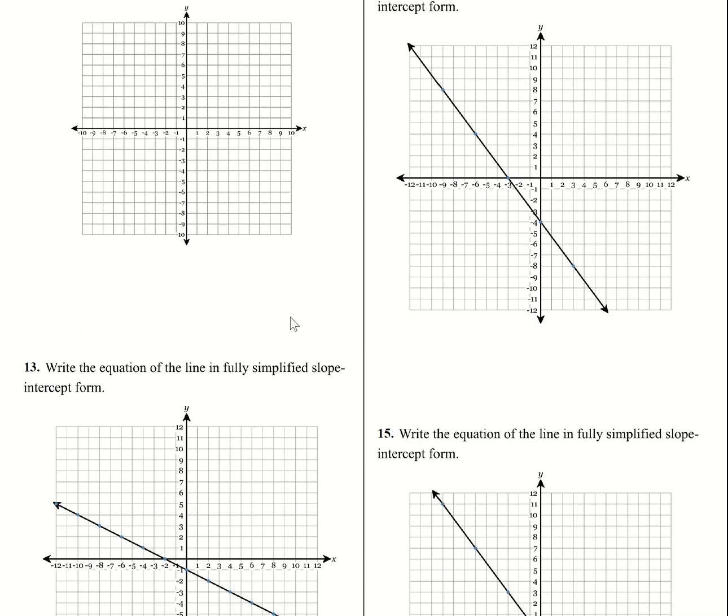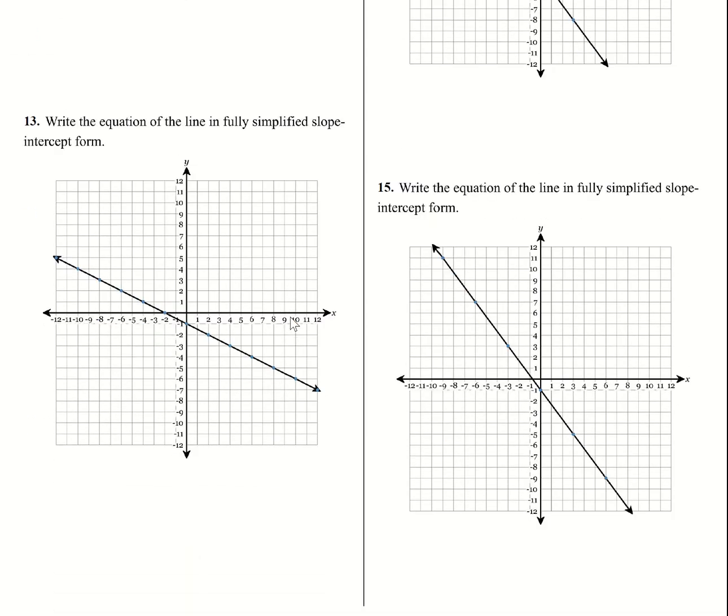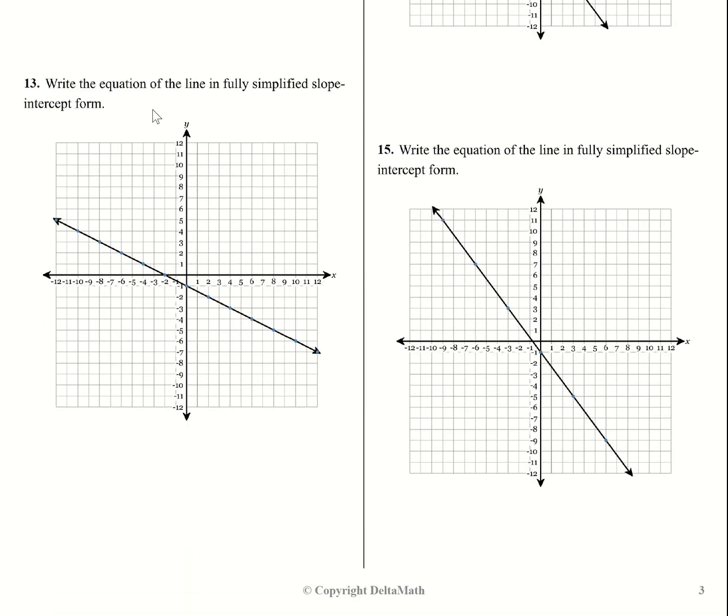Okay. You may be asked to write the equation of a line given the graph. So again, y equals mx plus b, where m is the slope and b is the y-intercept. I know that b is equal to where the graph hits the y-axis. So it's right there at -1. And then I can choose 2 points to find the slope.